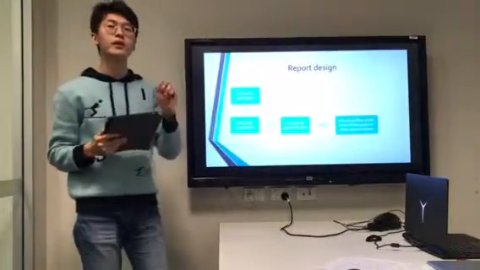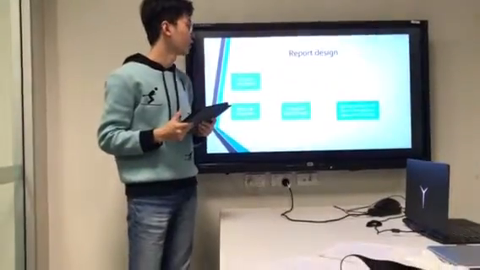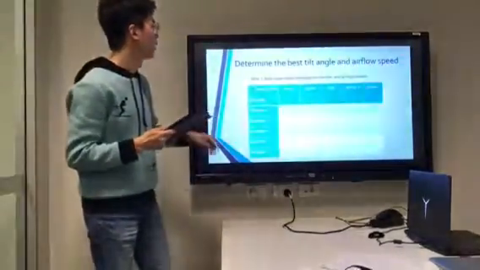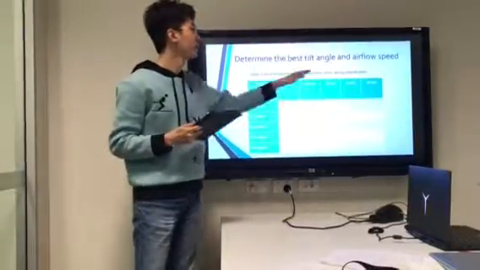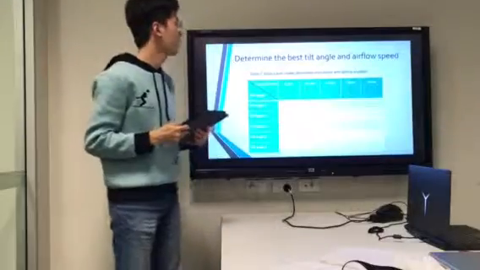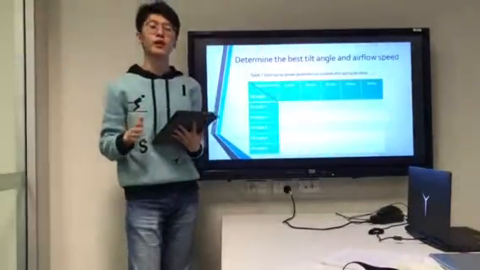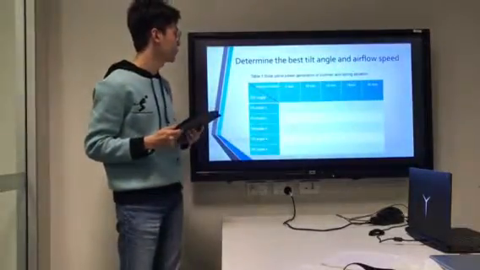But how to find the optimal tilt angles in each month? I make two tables for different periods, for example the summer and spring period. Based on that range of tilt angles, I choose five different tilt angles.